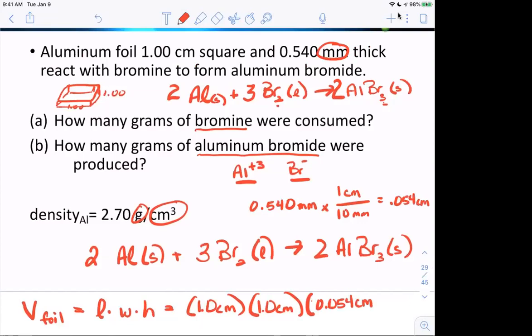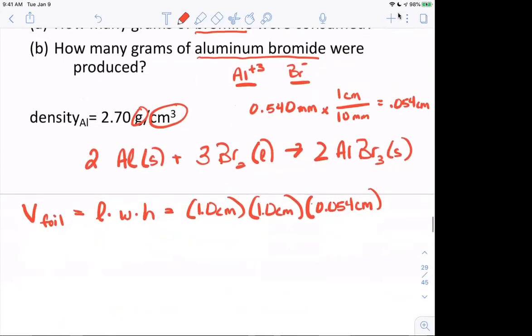Notice the volume of the foil is then 1 times 1 times 0.054. So it's 0.054 centimeters cubed.